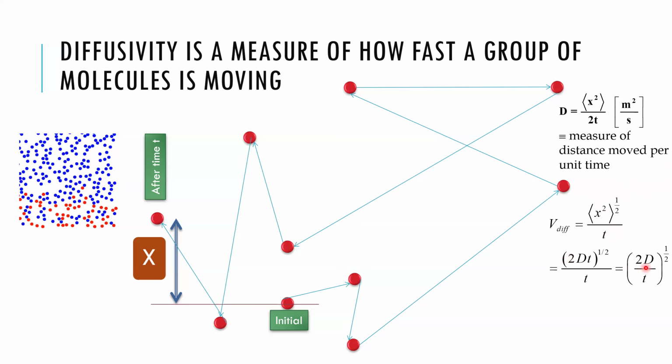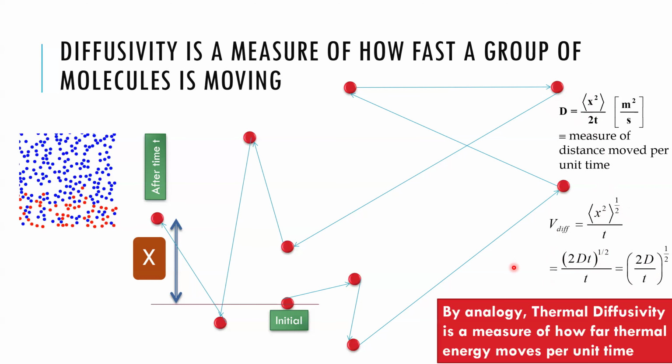We don't need to get into these details, but here I just plugged in 2Dt for x squared from this equation, 2Dt raised to the power half and all that. So all this is saying that you can think of some sort of a diffusional velocity as well.